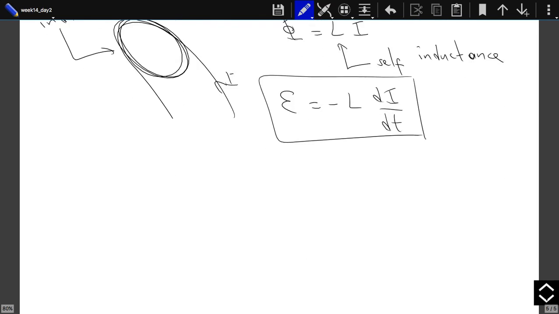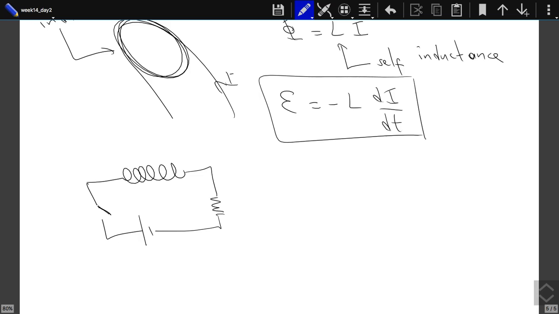For example, you can have such a circuit. At a given time, you close your switch, and then if you consider a unit charge and the work done on a unit charge as it goes around the circuit, as it goes from the negative terminal to the positive terminal, the work done will be V0 per unit charge.